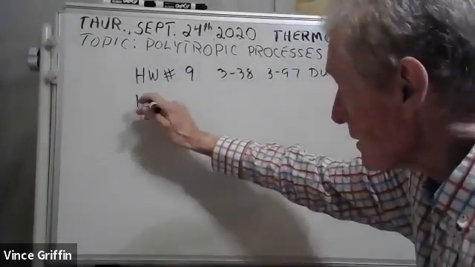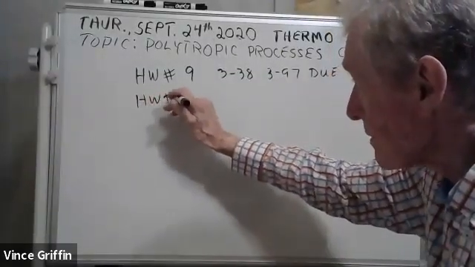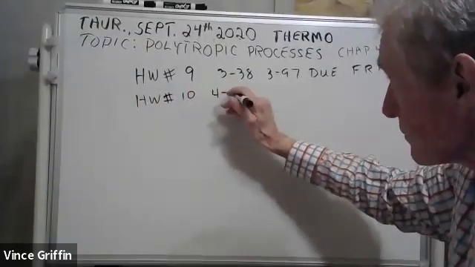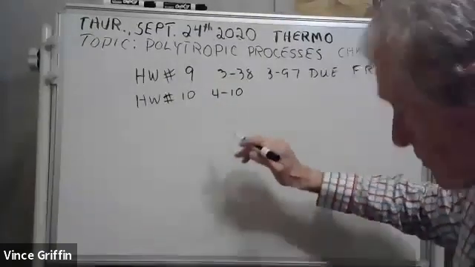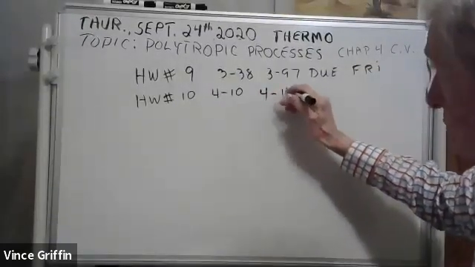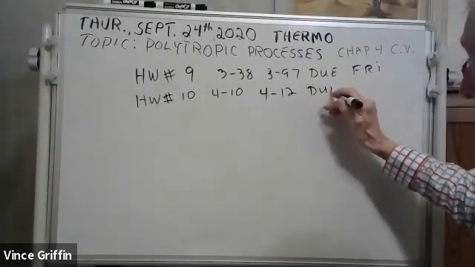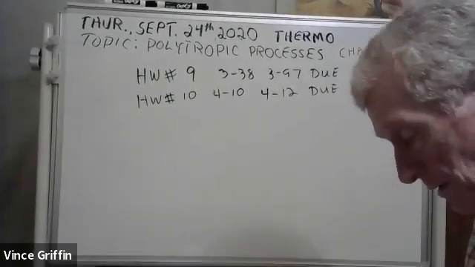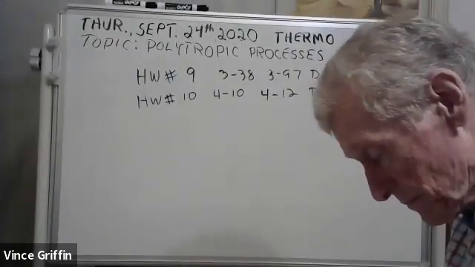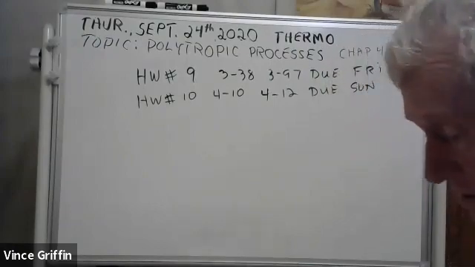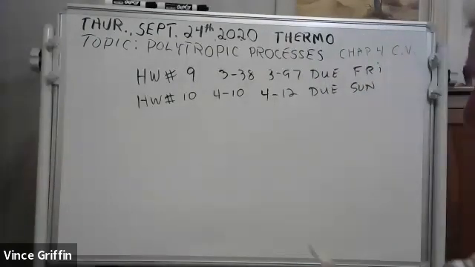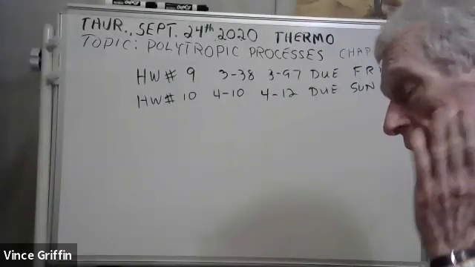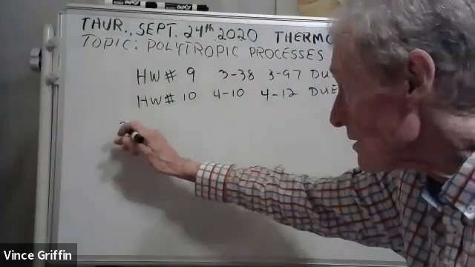Now homework 10 is chapter 4, number 10, and chapter 4, number 12, and it's due Sunday night at midnight. But I think Mohammed wants me to do 3-38, or at least he wants the PV diagram. So let's do that.